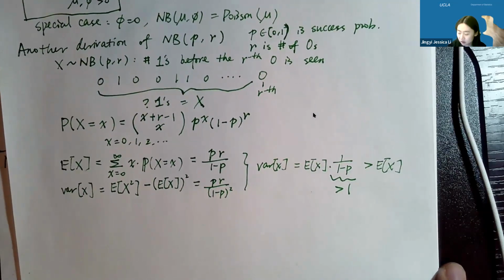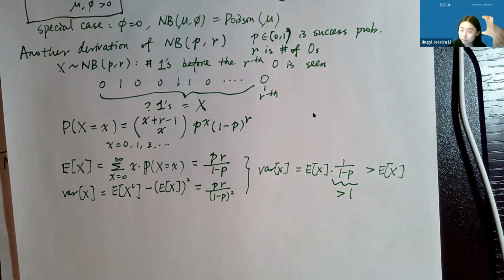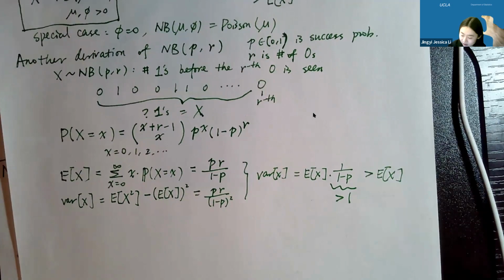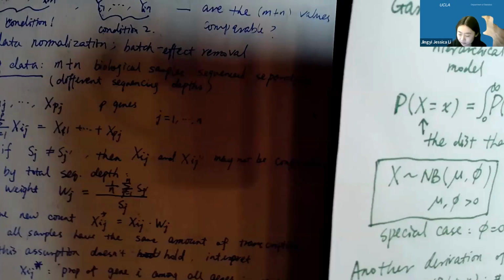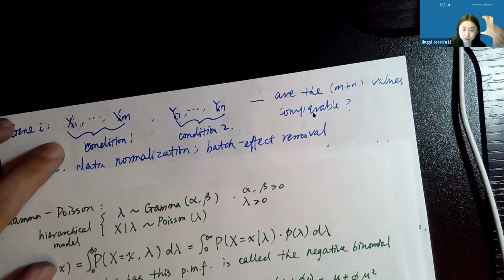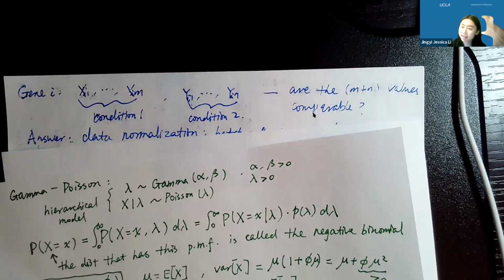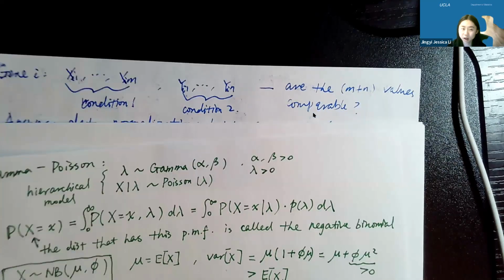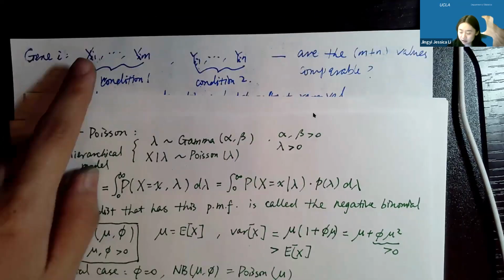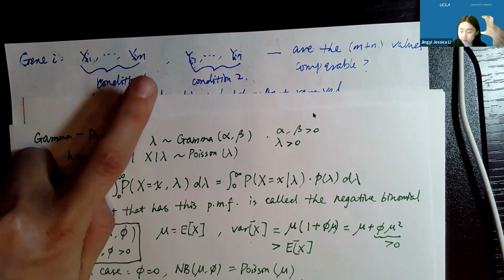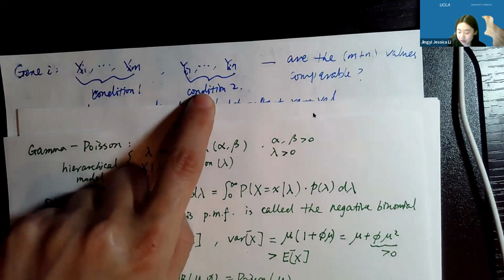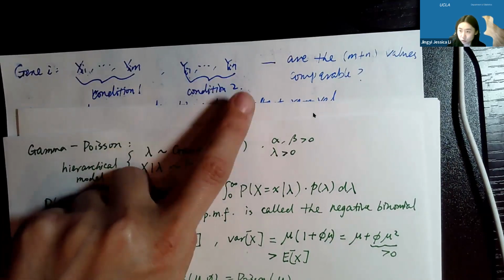Now, assuming that we know this NB distribution, let's move back to our gene expression data analysis. I've tried to stick with my previous notations. For gene i, under condition 1, we have the counts denoted as xi1 to xin. Under condition 2, we have yi1 to yin.